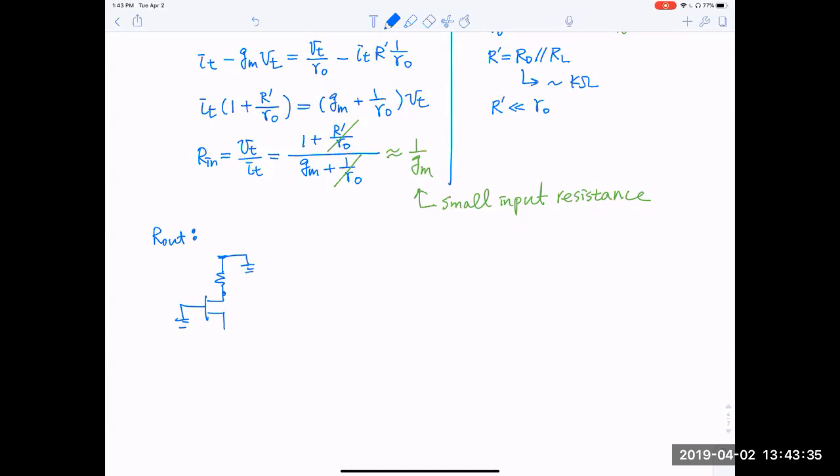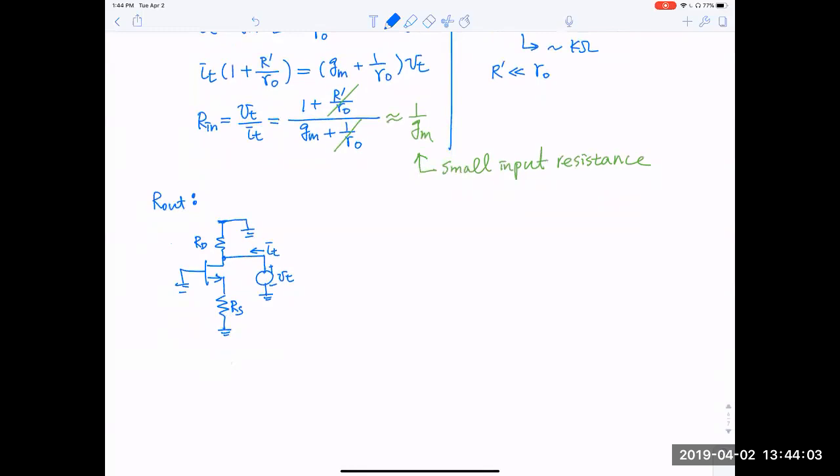And this has RL. Now, instead of RL, we'll be applying a test voltage, VT, and we'll try to calculate IT. And in place of the source, we will open the current source and replace it with source resistance, RS. So we will include the influence of the source resistance when we look from the output.